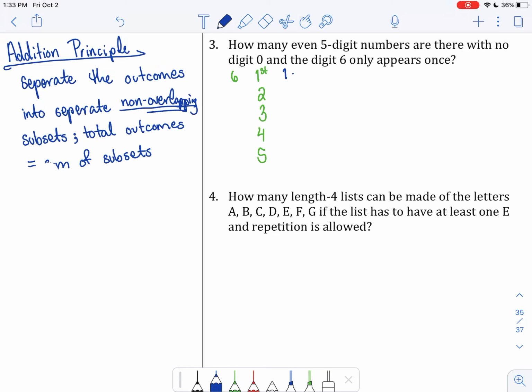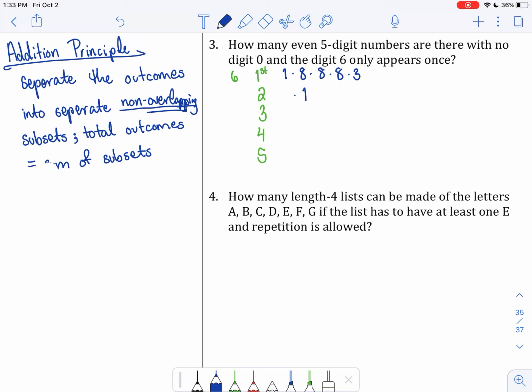The next can't be 0 and it can't be 6. Those are the 2 parameters on the next digit. So that has 8 outcomes left for the next 3 digits. And then the last one can't be 0, it can't be 6, and it has to be even. So there's only 3 options for that last digit. Now, if 6 is in the second place, we leave that here.